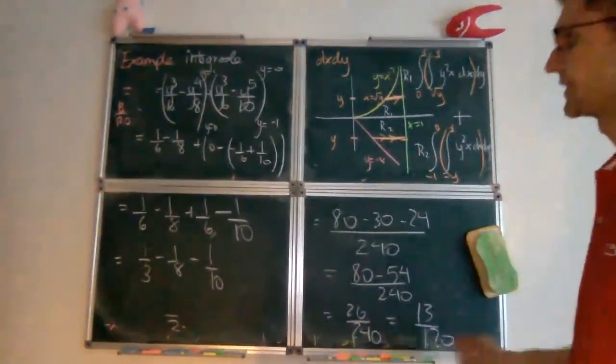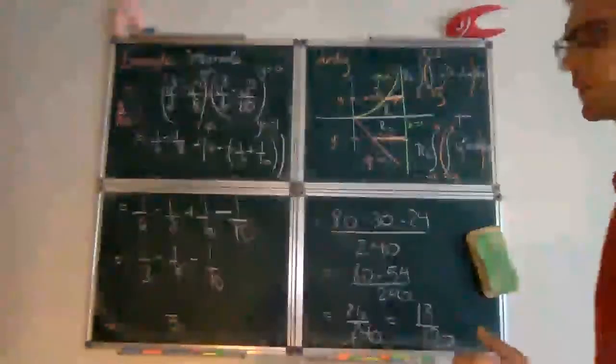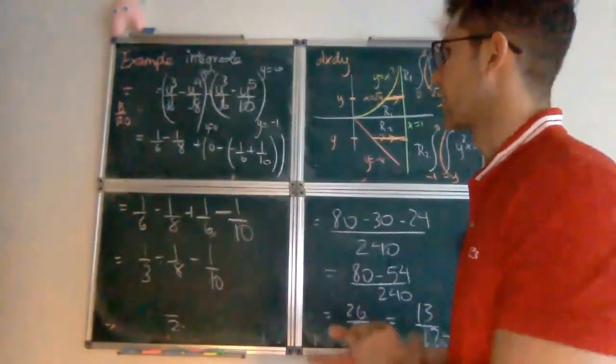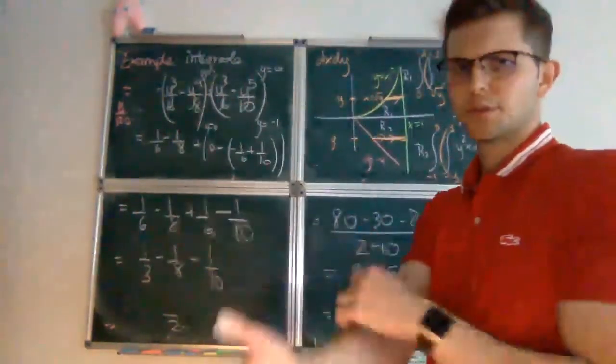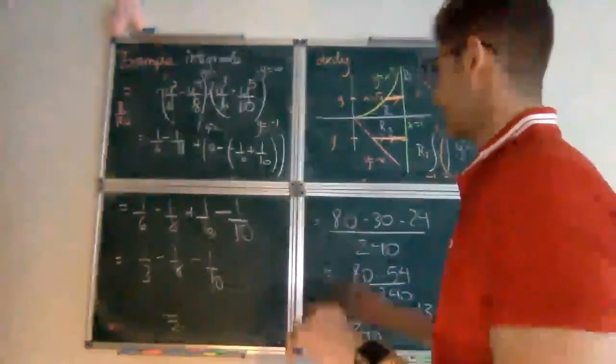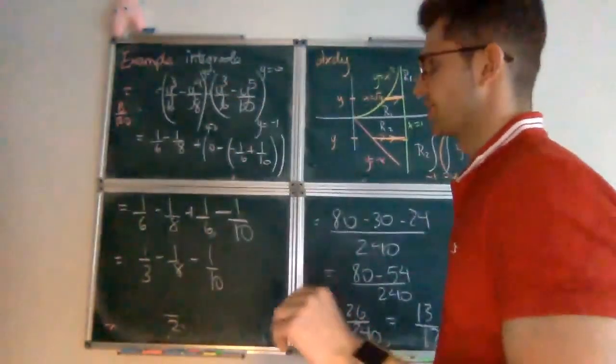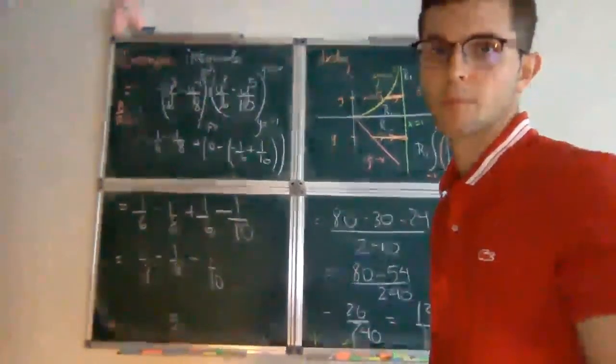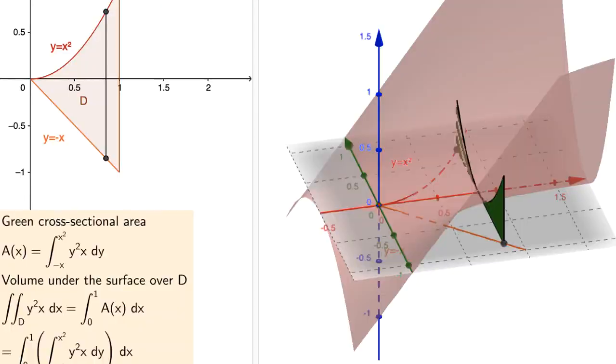So this is an example where by changing the order of integration, you actually end up having to do more work. And I'll just show you an animation to finish this video where you can see the 3D picture of what's going on. So here's an example of a double integral where the region of integration is not a square.